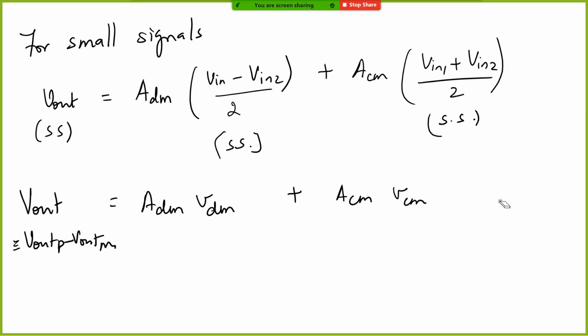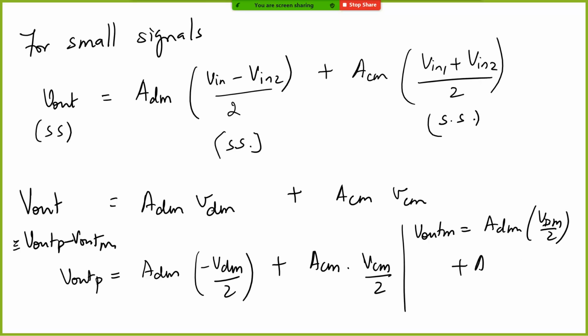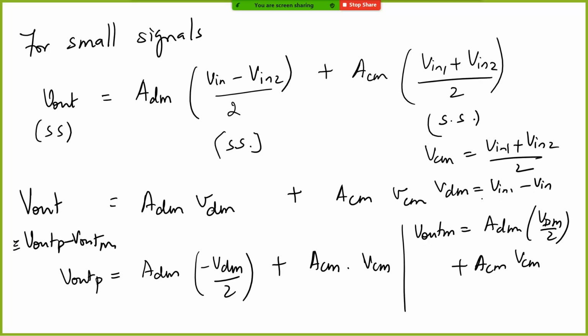But then for a single side, for V out P, you can write it as ADM times minus VDM by 2 plus ACM times VCM, and V out M can be written as ADM times plus VDM by 2 plus ACM times VCM, because VCM is anyway given by the average of the two signals, and VDM is given by V in 1 minus V in 2, the difference of the two signals.